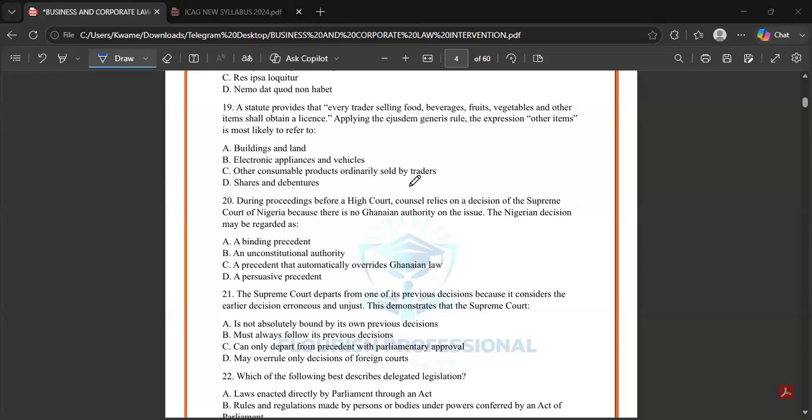The statute provides that every trader selling food, beverages, fruits, vegetables, and other items shall obtain a license. Applying the ejusdem generis rule, the expression other items is most likely to refer to A. Buildings and land, B. Electronic appliances and vehicles, C. Other consumable products ordinarily sold by traders, and D. Shares and debentures.